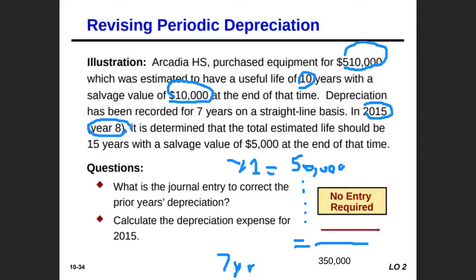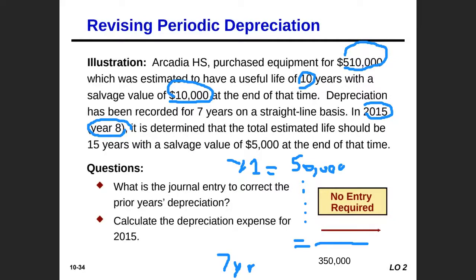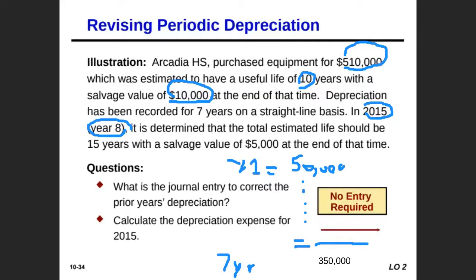So it will be 160,000, right? Is it clear?